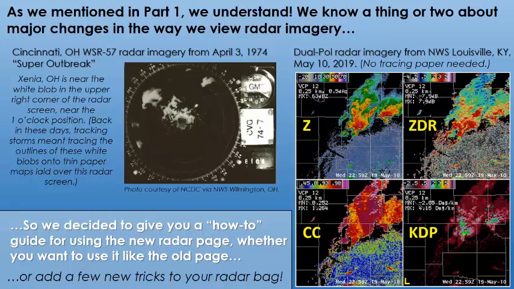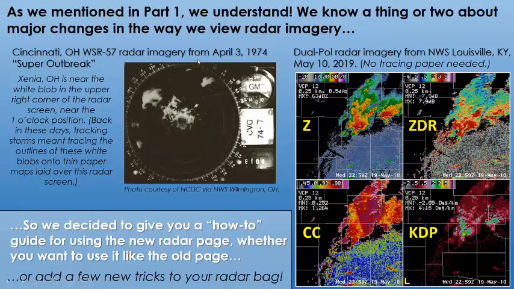As we mentioned in part one, we understand how you feel because we know a thing or two about major changes in the way we view radar imagery. On the left is the WSR-57 radar screen from Cincinnati on the day of the 1974 super outbreak. Back in those days, we had to trace storms onto thin paper maps and basically just outline these blobs and watch them move across the paper over time.